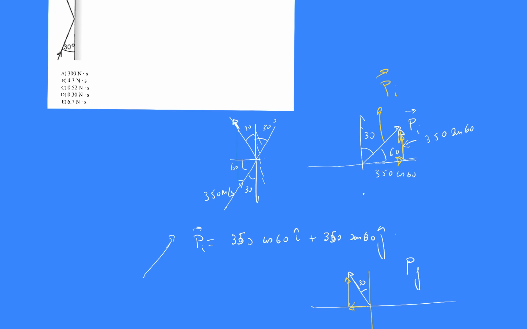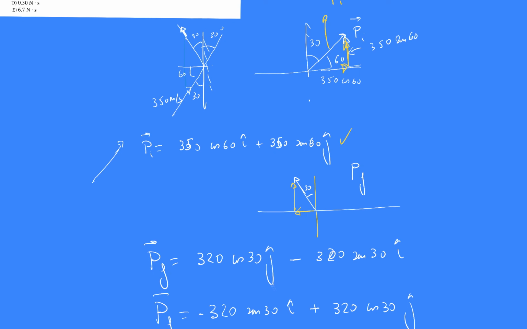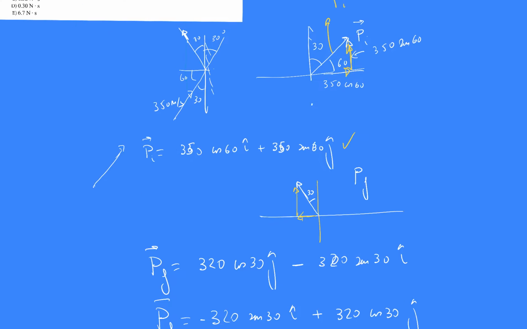So this is the Pi. I wrote it like this, 350 cosine of 60 plus. What is the PF? The PF is this one. It's moving with velocity now 320. So m times v. Sorry, I make a mistake here. m times v.